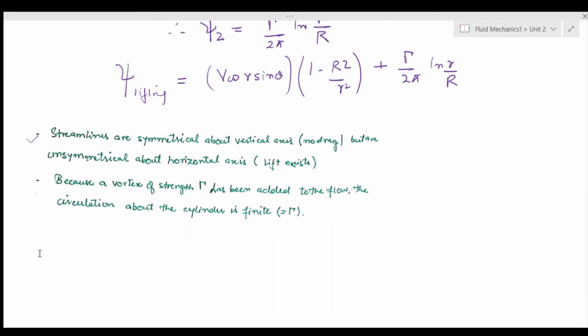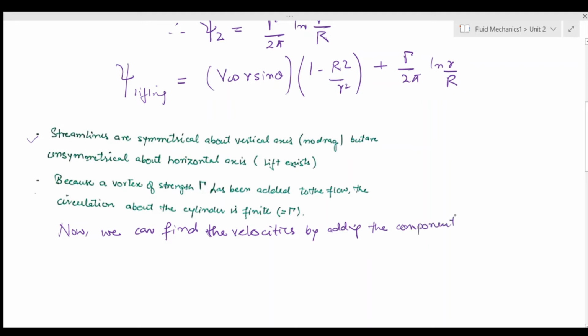Now that we have our stream function, from the stream function I can find my velocities by adding the component flow velocities.